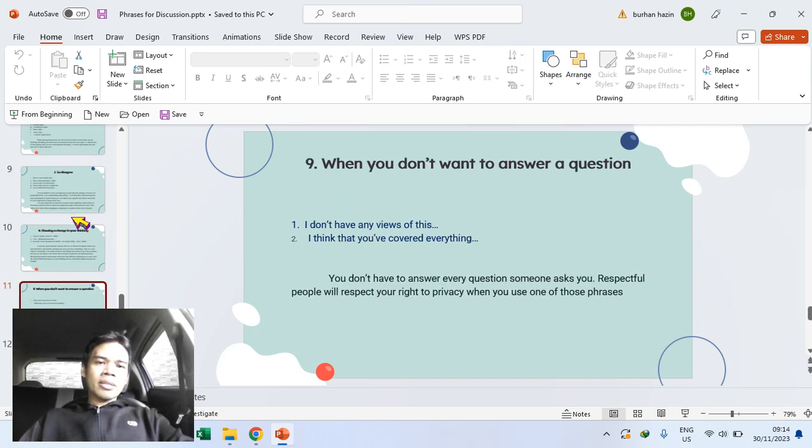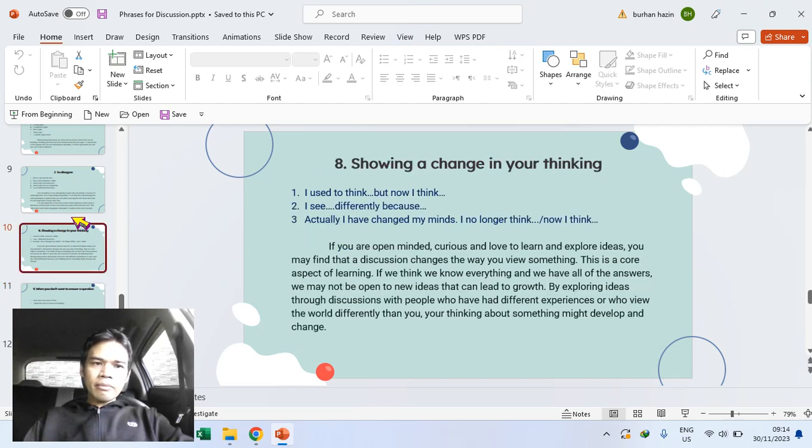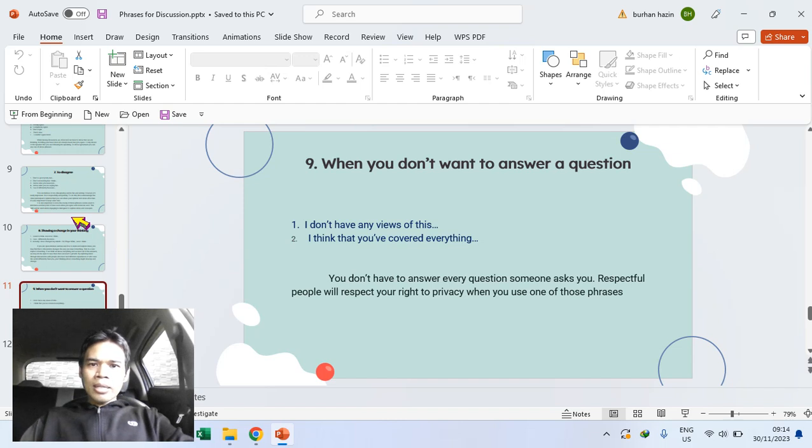Right, so next one is when you don't want to answer a question. I think that this will be the last. You don't have to answer a question someone asks you. Respectful people will respect your right to privacy when you use one of those phrases. What phrases can you use? You can use the first: I don't have any views on this.